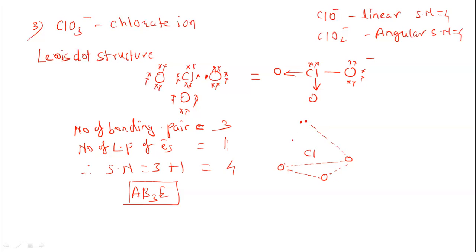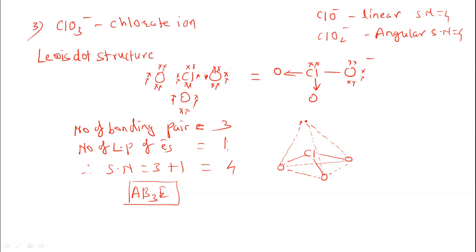If we join this, it has a tetrahedral shape. The number of bonds is 3 between the chlorine and oxygen. So this is the tetrahedral geometry.